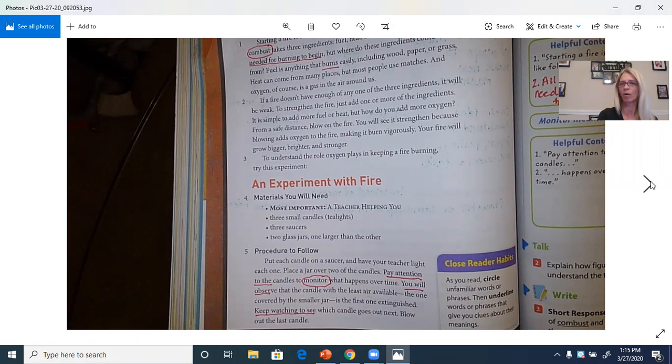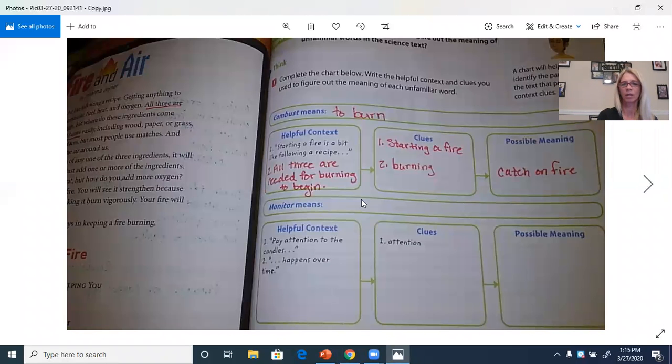Okay, and then we're going to come over here on page 205, and it says paying attention to the candles and happens over time. So there's 2 other helpful contexts we can write down there.